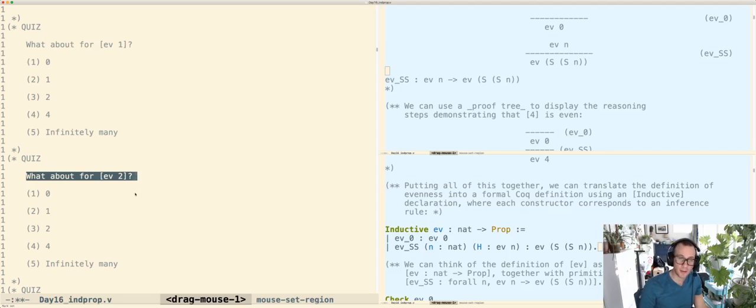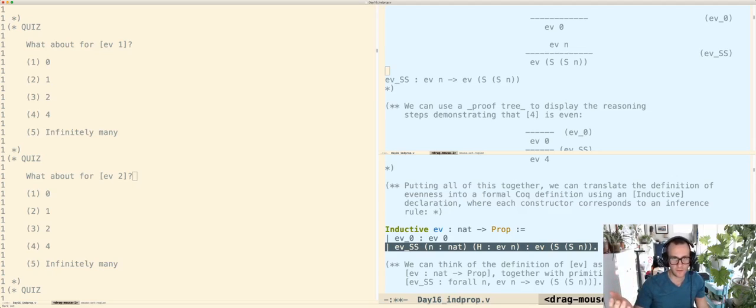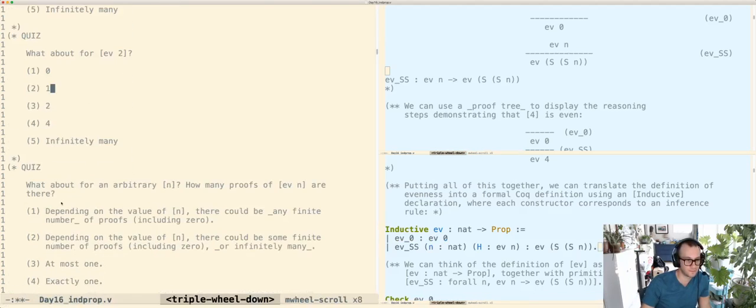The argument I made for 0 is really similar. How many ways are there to prove EV2? Well, EV0 proves that 0 is even, and then EVSS shows that 2 is even, and then any more applications of EVSS, which is really the only move we have after we've made our EV0 move at the bottom, is only going to get us larger numbers. So again, I'm going to say there's exactly one proof.